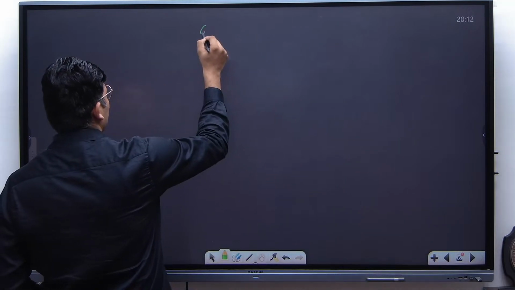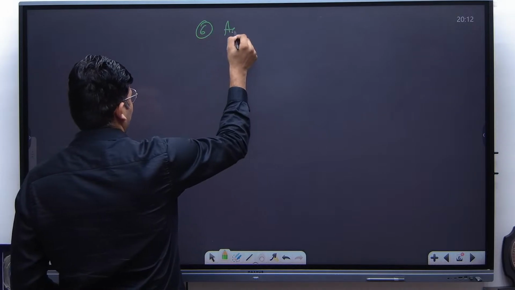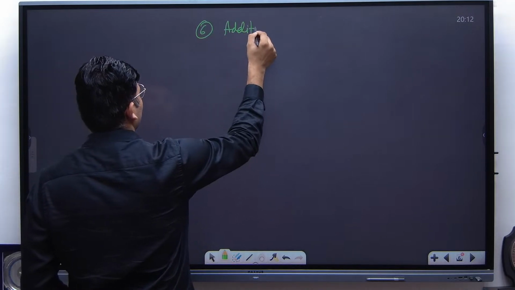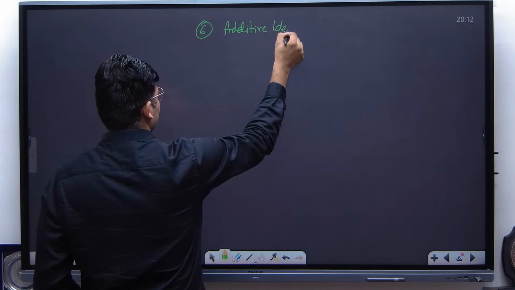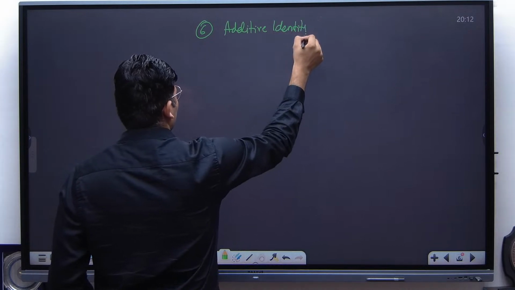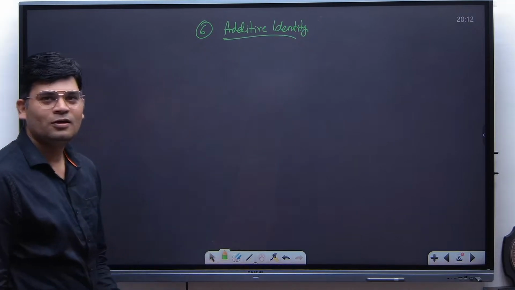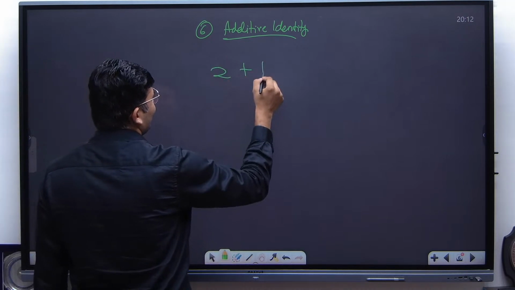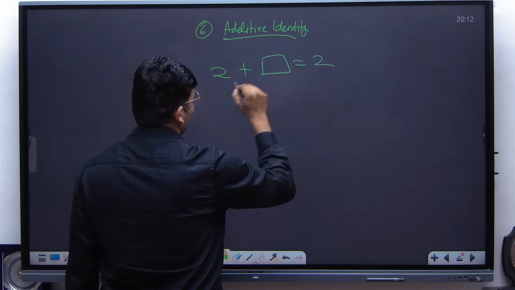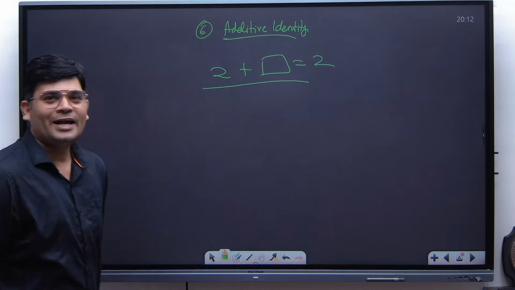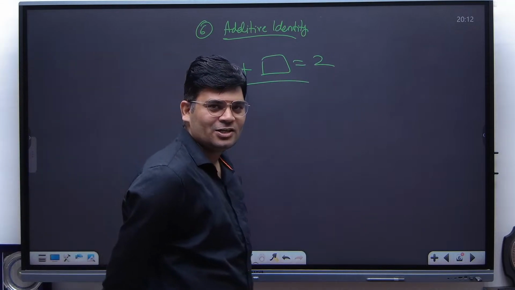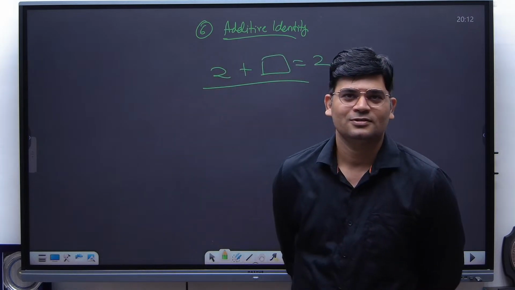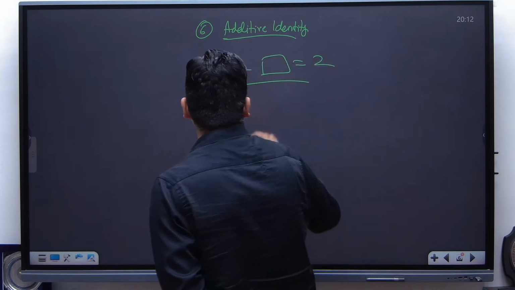Now the last property for today is the additive identity. The story of identity you already know, but in this case we are going to add a number. So tell me, what is the number which can be added to a number so that the identity does not change? 0. Okay.